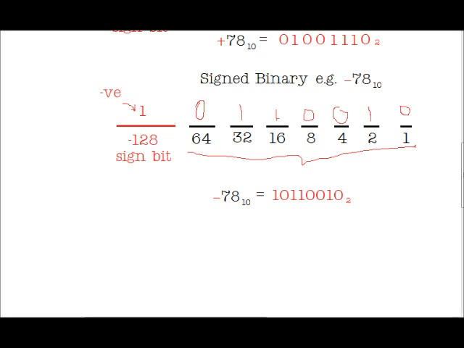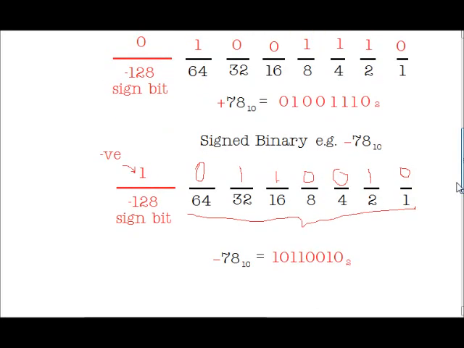Alright, so if you compare the binary for plus 78 and minus 78, you will notice that because it's a negative number, the most significant bit will be a 1.